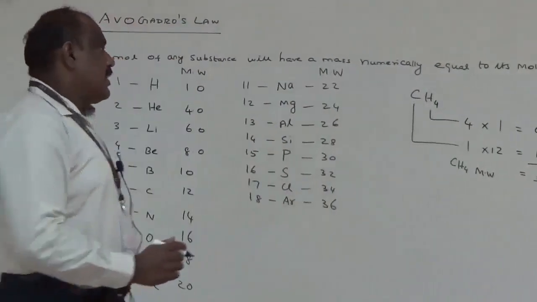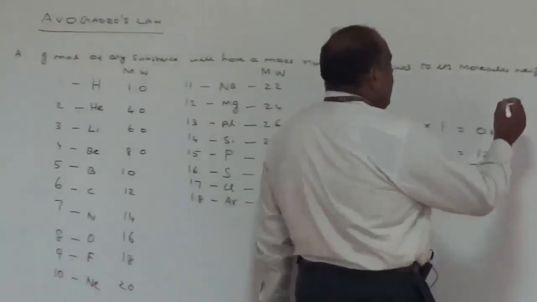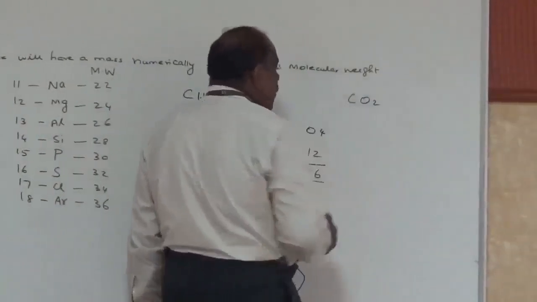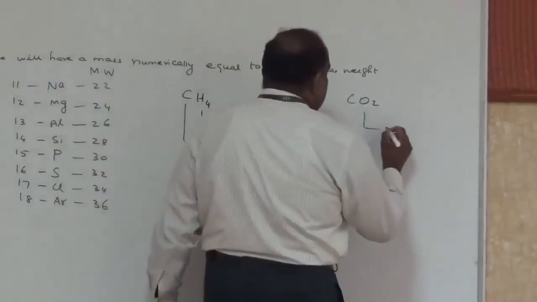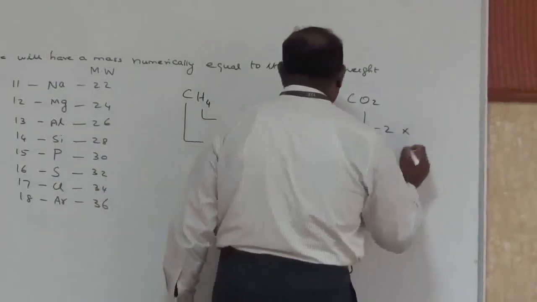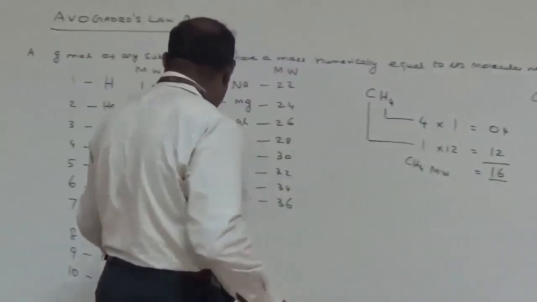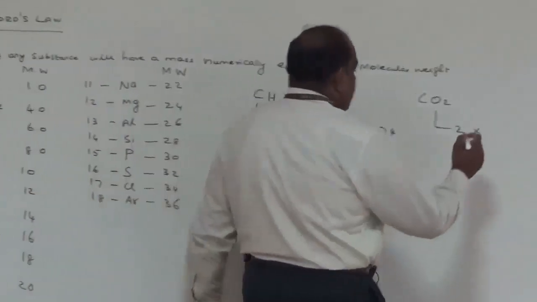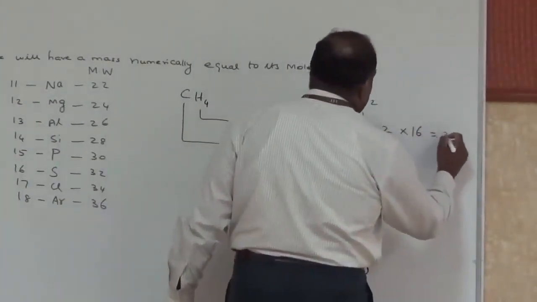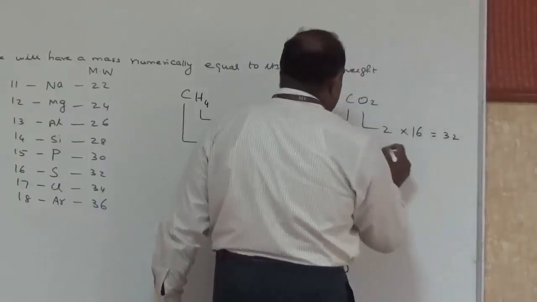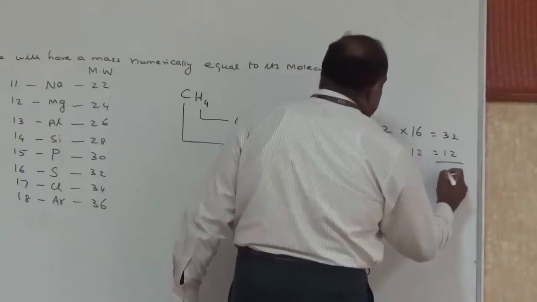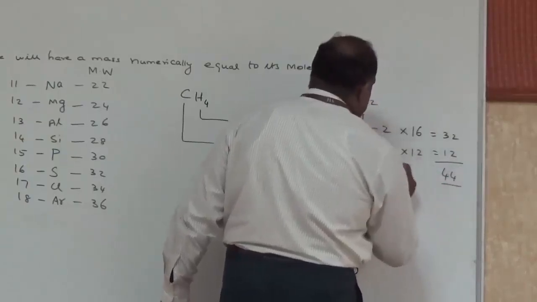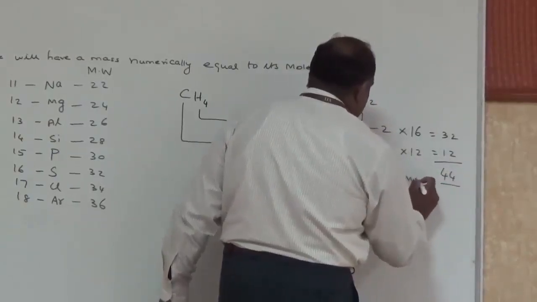Similarly, let us take another example. Let us take carbon dioxide. I want to find the molecular weight of carbon dioxide. It has 2 oxygen atoms into the molecular weight of oxygen, 16. So 2 times 16 will be 32. Carbon is 1 and its molecular weight is 12. So it is 12, and hence the molecular weight of carbon dioxide is 44.